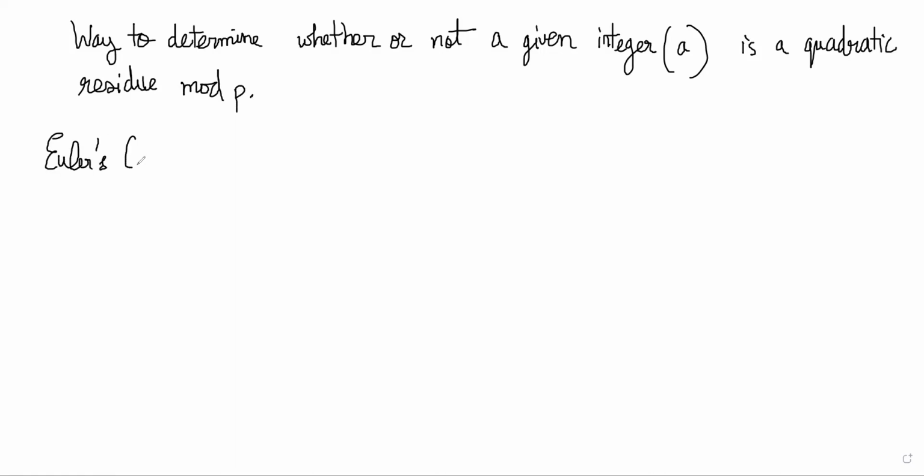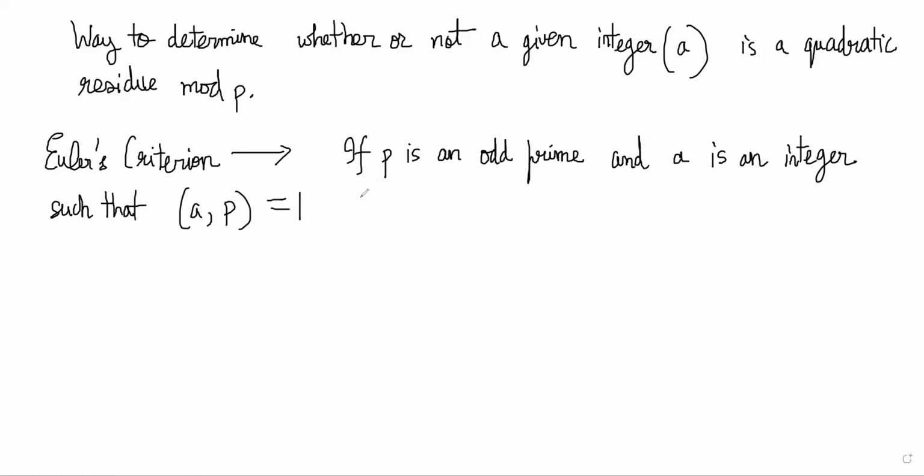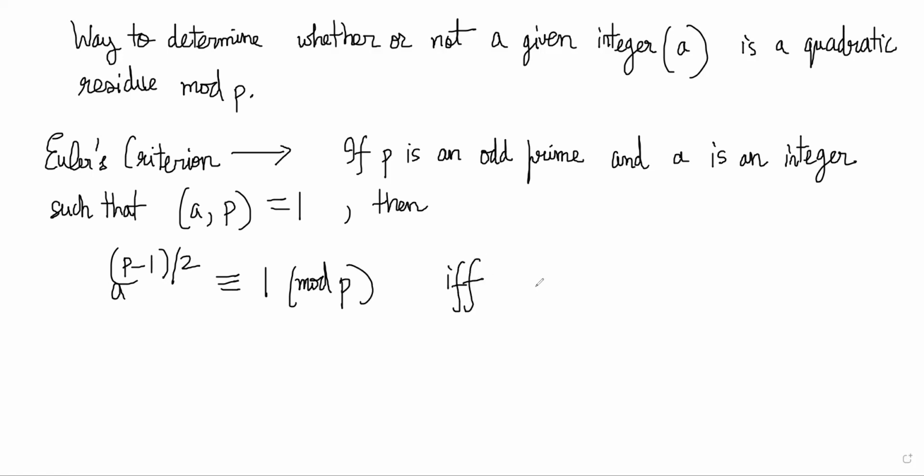This was first found by Euler, and Euler's criterion states that if p is an odd prime, and a is an integer relatively prime to p, such that GCD of a and p is equal to 1, then a power (p minus 1)/2 is congruent to 1 mod p if and only if a is a quadratic residue mod p.